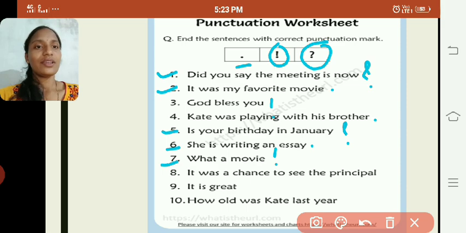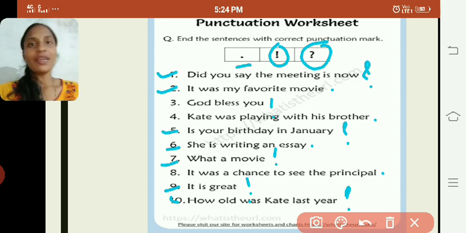Number 8, it was a chance to see the principal. Just a sentence, so there should be a full stop. Number 9, it is great! Some emotion, some expression is shown, so here there should be an exclamation mark. And number 10, how old was Kate last year? A question is asked, and that's why a question mark should be there. So you understood?